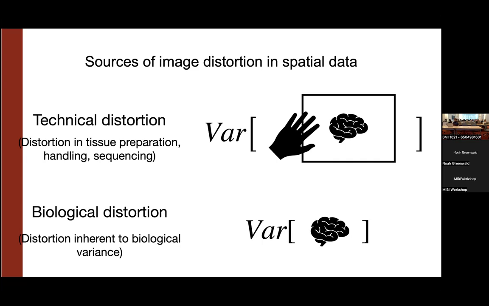We'd like to take apart the biological distortion to understand where each of the different parts of the variation come from. Maybe which part of the variation comes from disease, sex, age, or genotype. And we'd like to remove the technical distortion so as to be able to deconvolve that biological distortion, okay? So that's our goal with this alignment.